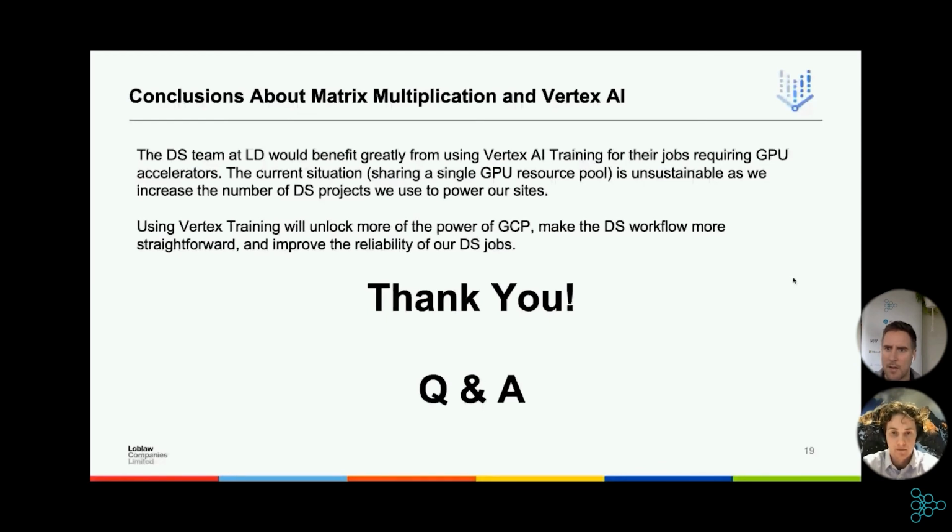Sukant asks, how often do you have to recalculate matrix mult? So we schedule the job to run once per week, but as it's currently implemented, it's failing much more often than it should.